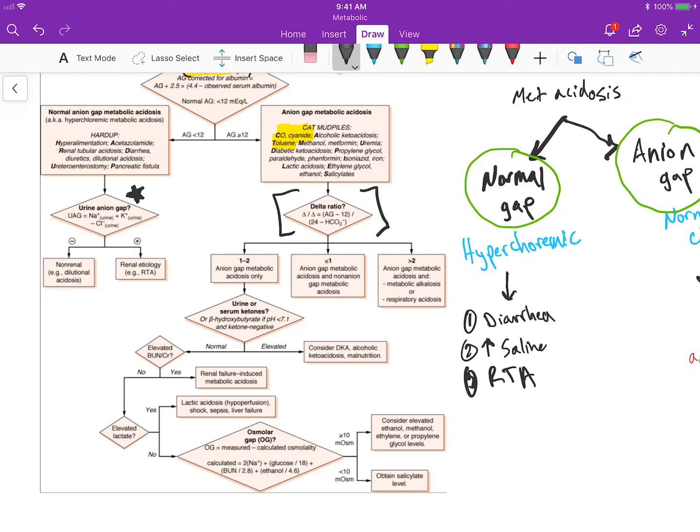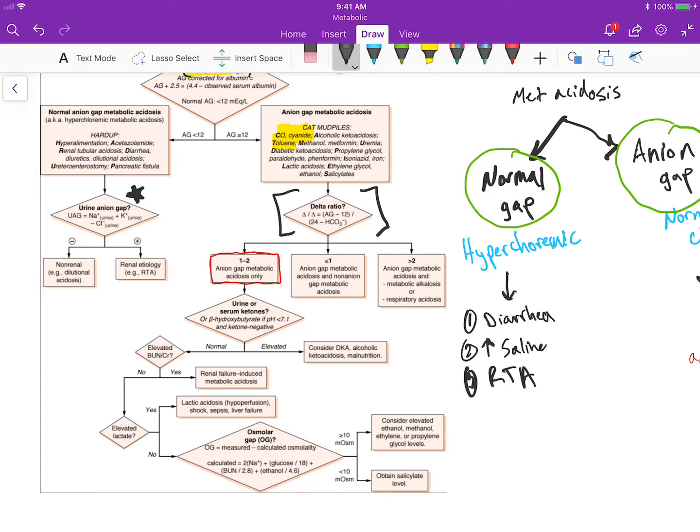Those are the three that you want to identify in this section. So this means an increase in anion gap with a normal delta delta. We're really suspecting one of those three things. Of course, you want to check your beta-hydroxybutyrate and a urine ketone, and also of course check kidney function and a lactate level. This really determines where you go from there.